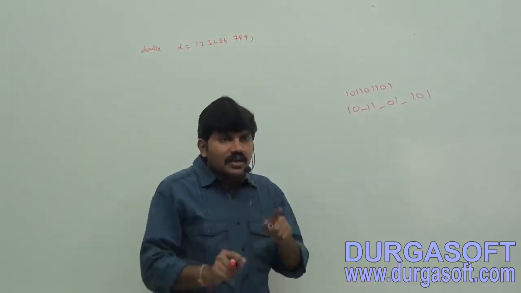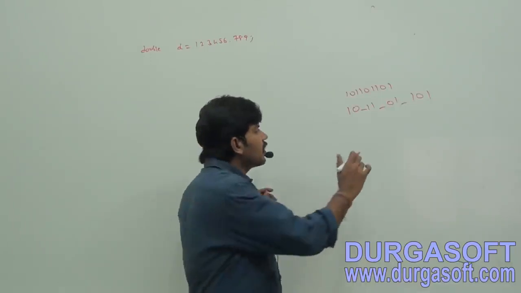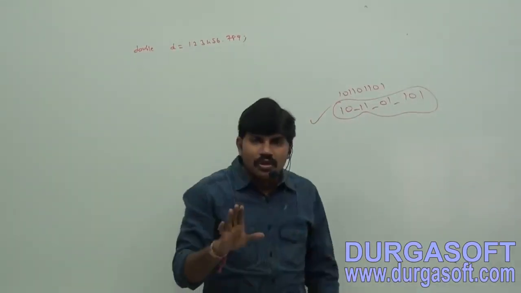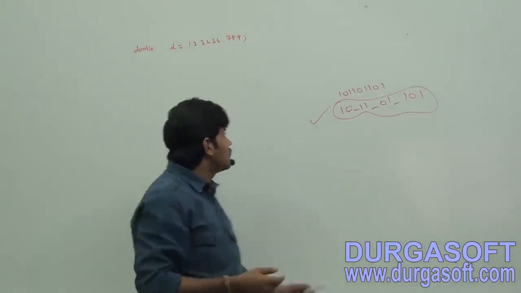Usage of the underscore symbol between the digits of a numeric literal. The main advantage of this is that the readability of the code is improved.